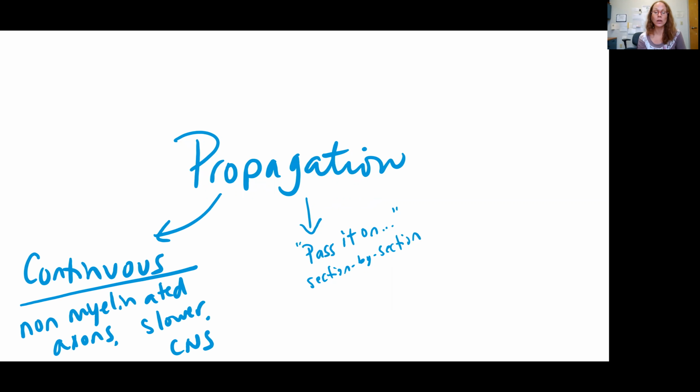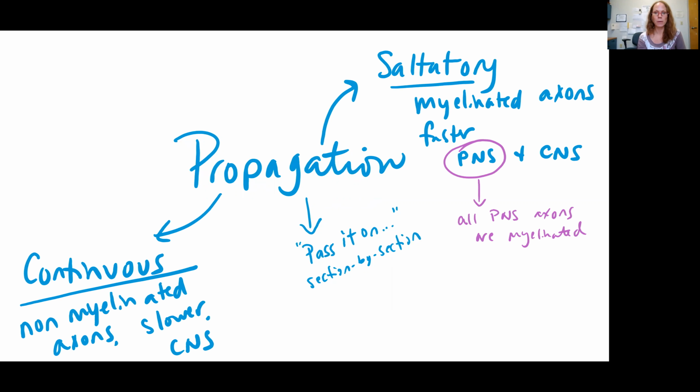Propagation can either be continuous or what's called saltatory. In continuous propagation, this is happening on unmyelinated axons, and it's a little bit slower, but this is typical of the central nervous system where neurons are very close together. The saltatory propagation is happening with myelinated axons.